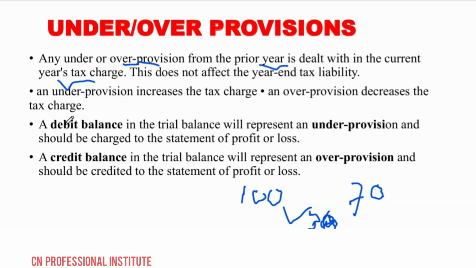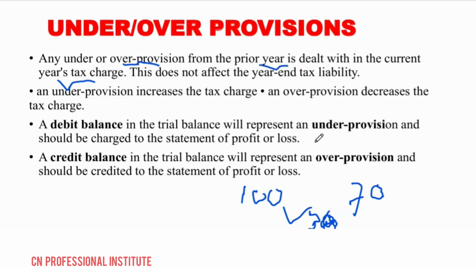Good. And it says a debit balance in a trial balance will represent an under provision. So when we start with the final account, you have your trial balance. When you see tax at the debit side, it's two things. It's either a deferred tax asset or under provision. But normally the question will specify if it's a deferred tax asset, right?